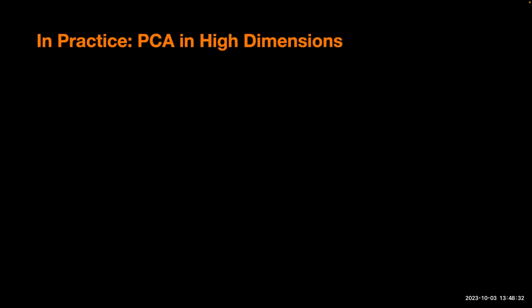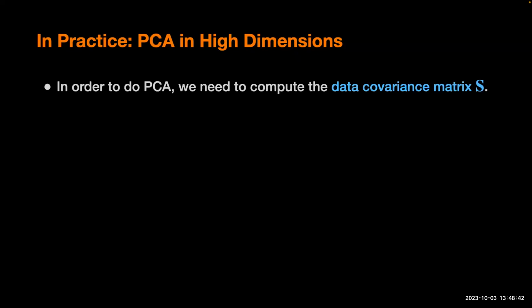Yeah, so that basically concludes the overview of PCA, but there's still one trick to be mentioned. Remember, in order to do PCA, you only need to do one thing: calculate the data covariances and do the diagonalization. This matrix is a D by D matrix, where D is the dimension of the features.